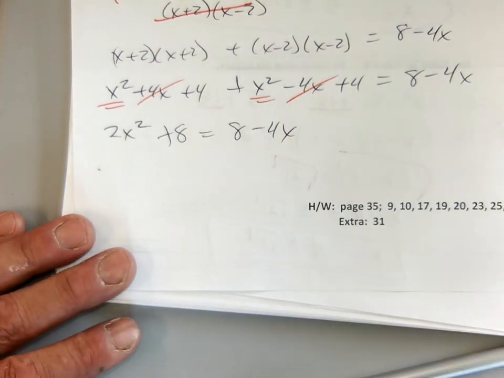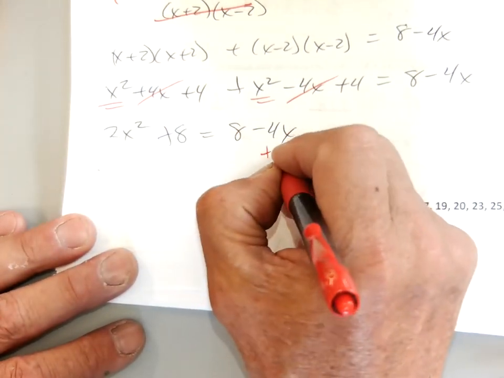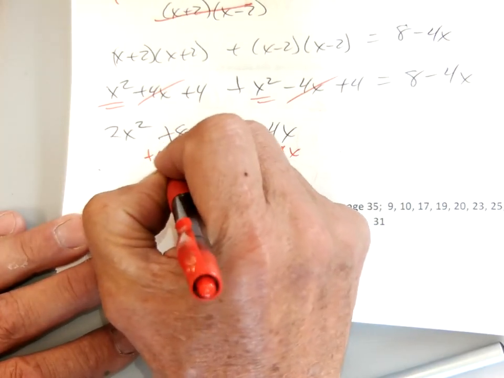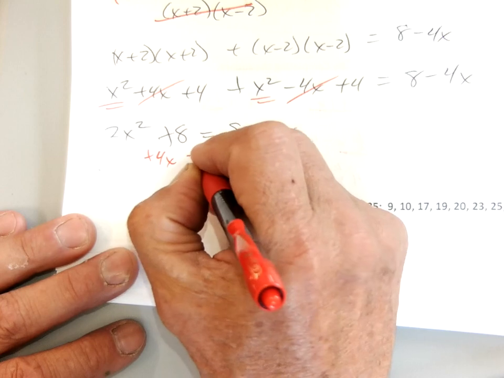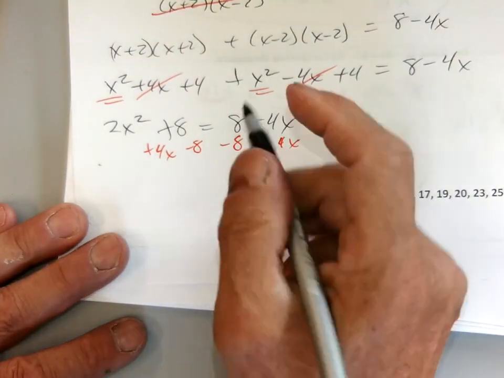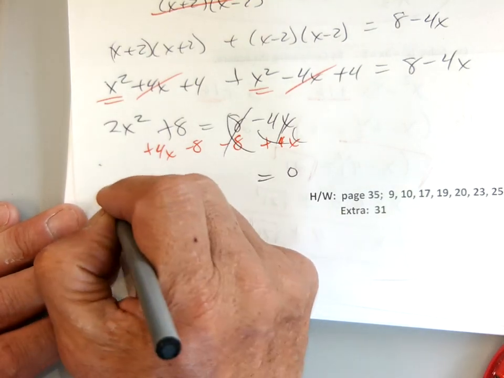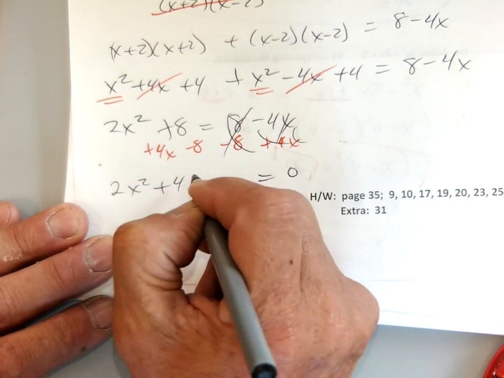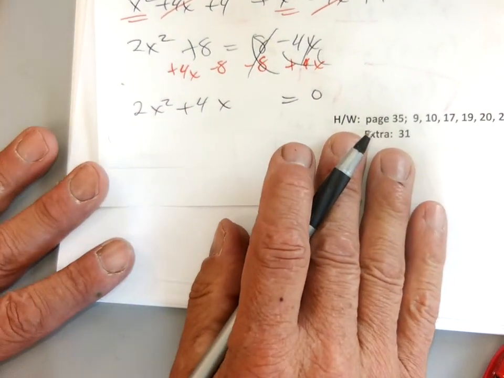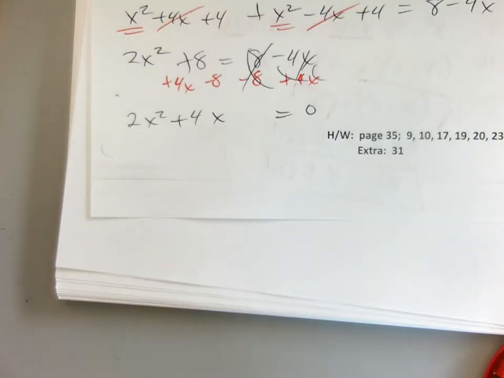Okay, I gotta solve, so I'm gonna add 4x minus 8, right? Let's see what I have. So that's gone, gone. 2x squared plus 4x, and do you remember how to common factor? Common factoring?